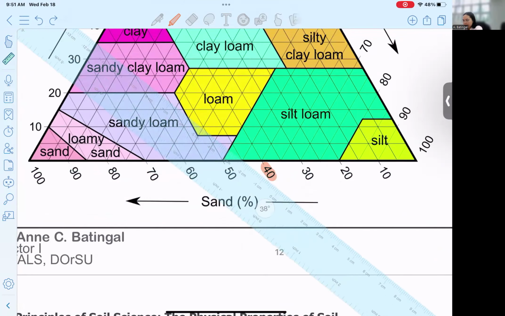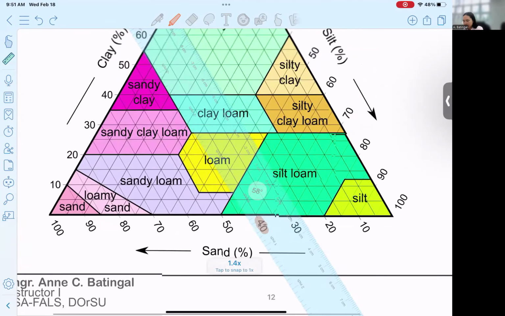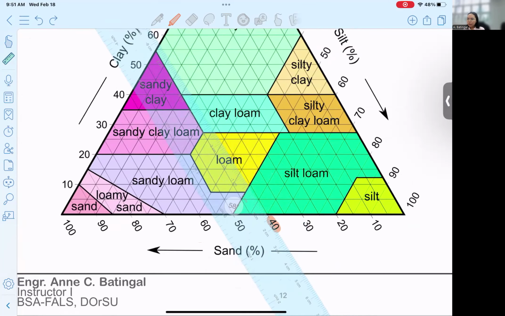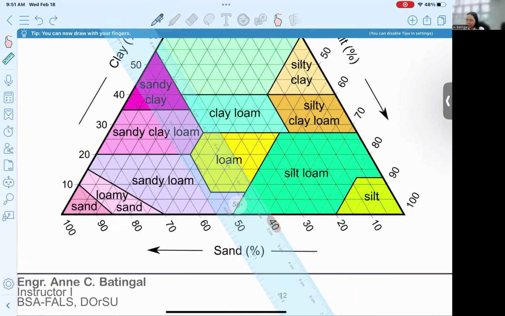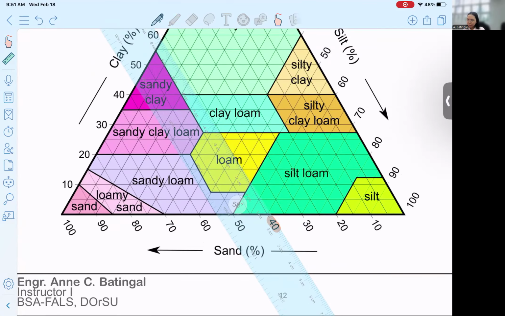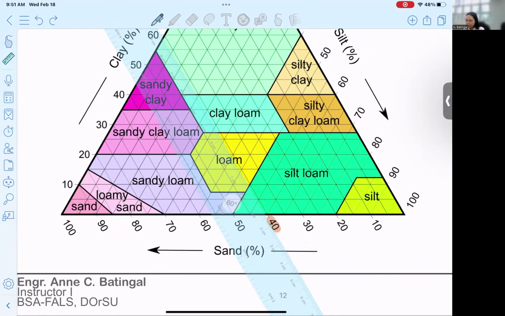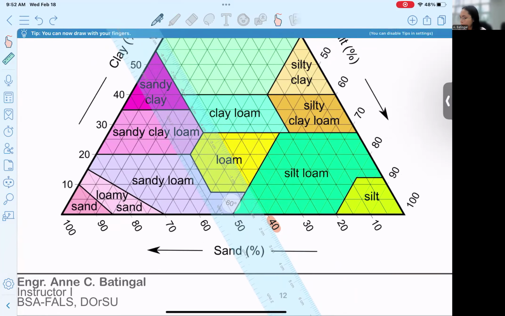Okay, you strike a line nga 40%. So, asa man ang 40% ani? Kani siya. Mo ni siya imuhang 40%. So, you form a line.